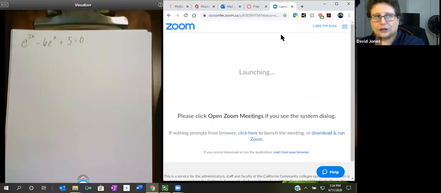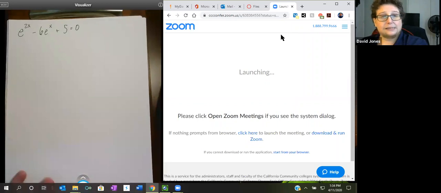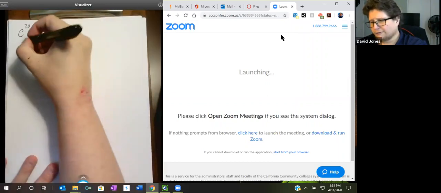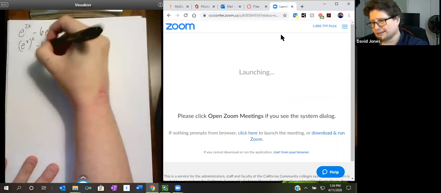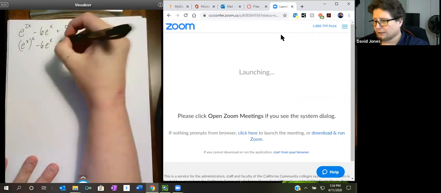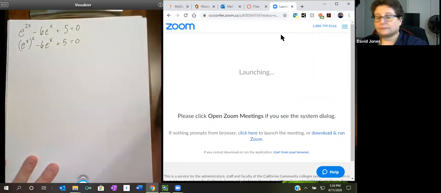What does this look like to you guys? Maybe it'll be clearer if I show it like this. That is e to the x, squared, minus 6e to the x plus 5 equals 0.